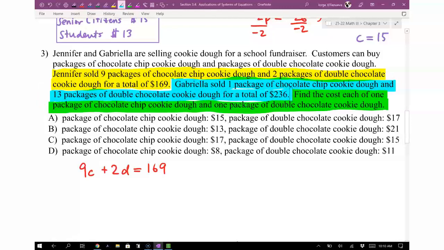The yellow and the blue are going to be my equation. So can someone give me the equation for the blue line? Gabriella sold 1 package of chocolate chip cookie dough, 13 packages of double chocolate cookie dough for a total of $236. What's that equation?